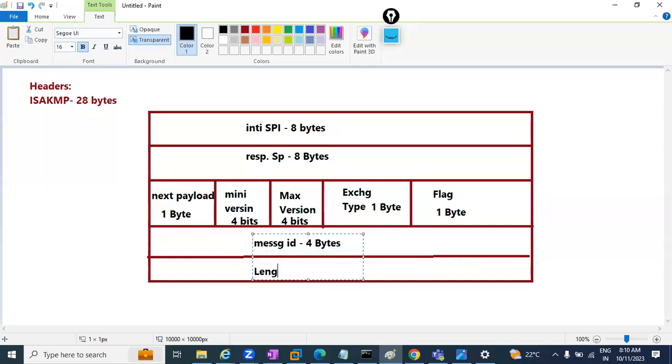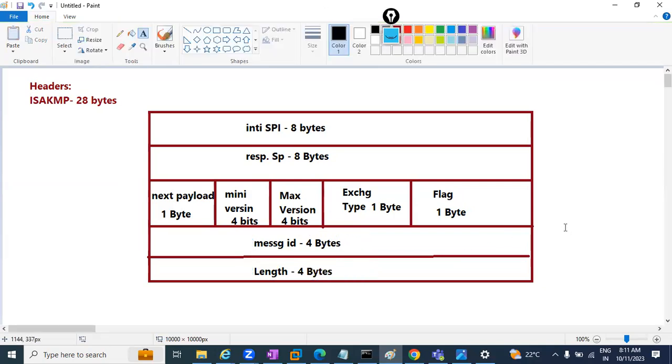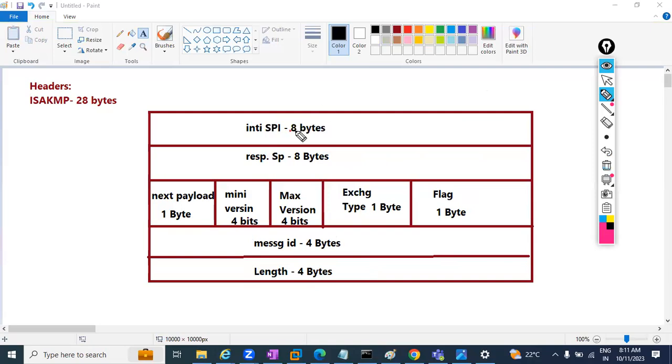And then there's the length, which is again 4 bytes. So overall, 8 plus 8 is 16, 17, 18, 19, 20, 24, 28. So the total size is 28 bytes. Okay, guys, so this is the header we have.